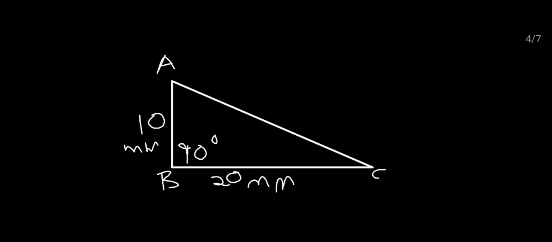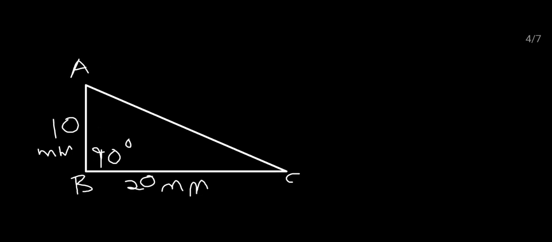Now this one is an important question, guys. Please listen carefully. Here is a triangle ABC. Let's write r squared equals x squared plus y squared. Remember when I started this topic, this theorem will only work in a right angle triangle.